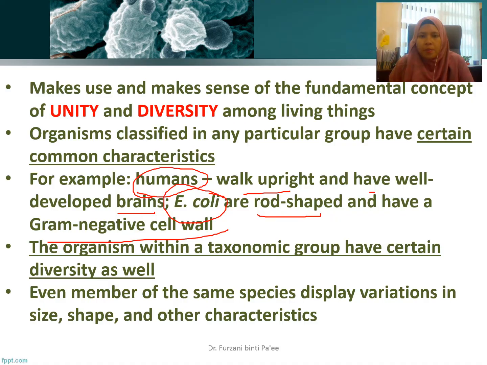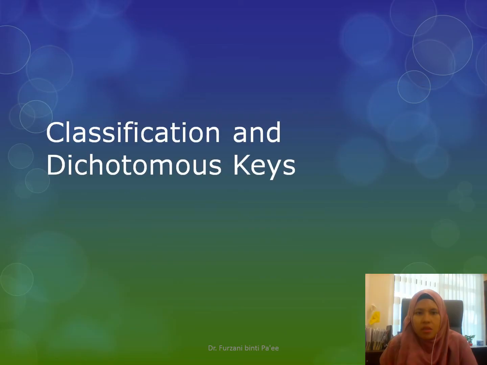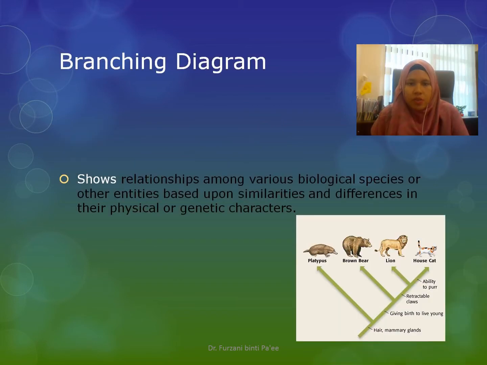All right. So, classification and dichotomous keys. For example, the branching diagram shows the relationships among various biological species or other entities based upon similarities and differences in their physical or genetic characters.